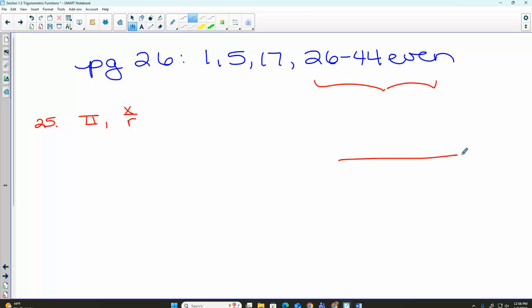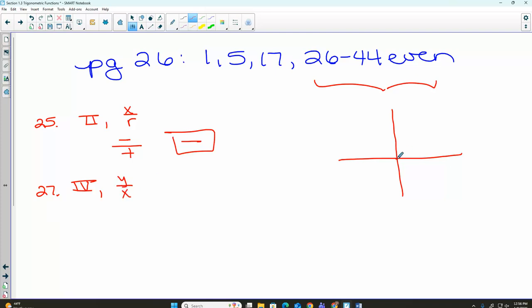Okay, think about algebra. If you're plotting a point, if you're in quadrant 2, is x positive or negative? Negative. And I told you that r is always what kind of number? And a negative number divided by a positive number is? That's all it's looking for. So like if I did 27 in quadrant 4, y divided by x.